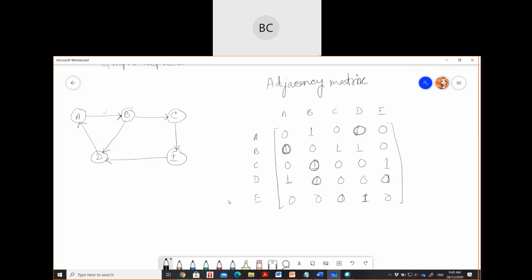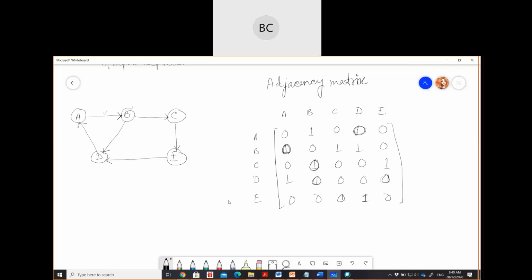Is it clear? The difference between the adjacency matrix of directed and undirected graph? Okay, Dular said yes. Will said yes. Okay, good.